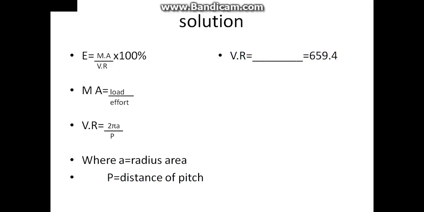By substituting the values, we have 2 times pi, which is 3.14, times the radius, which is 0.21, all over the pitch, which is 0.002 meters, which gives us the velocity ratio of 659.4.